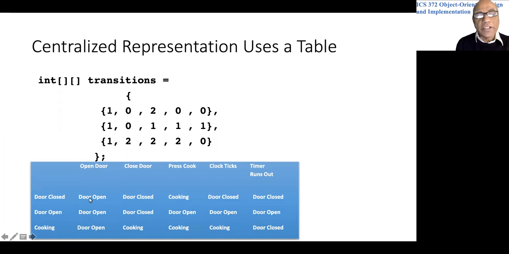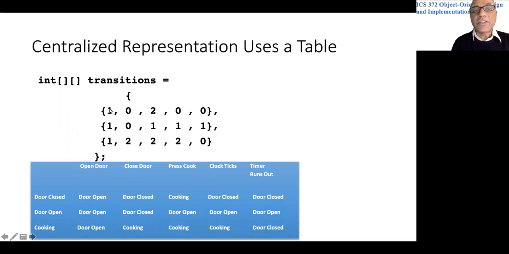If you see here, door open is the first entry, and that has a number of 1. So we put that over here. Door closed is 0. So that is the next entry. Cooking is 2. So that is the third one. Door closed is 0. So that is the fourth one. And door closed is again the fifth one, so 0. Similarly, you can work out the values for the subsequent rows.